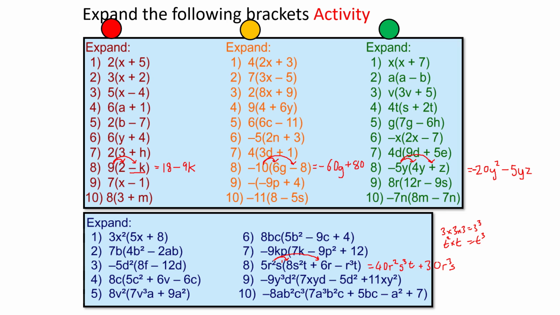So this one is a third arrow, so you've got no number, but you've got a minus there times a plus, so you're going to get a minus 5. Now r squared times r cubed is r to the power of 5, and you've just got the s on its own and the t. None of those terms are similar, so you can't simplify it, and that's those 4 examples done.